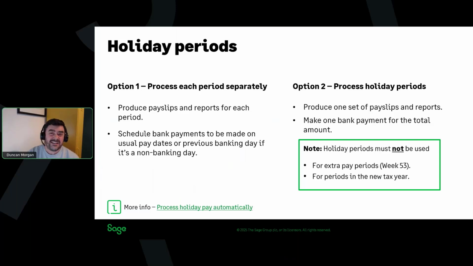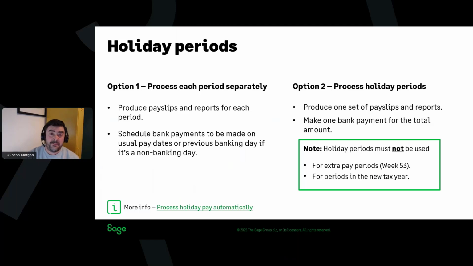Now, the other way to handle it is to process a holiday period. What this does in payroll is use the additional allowances for tax credits and cut-offs, and it will automatically multiply standard amounts for any payments you've set up to include in holiday pay.